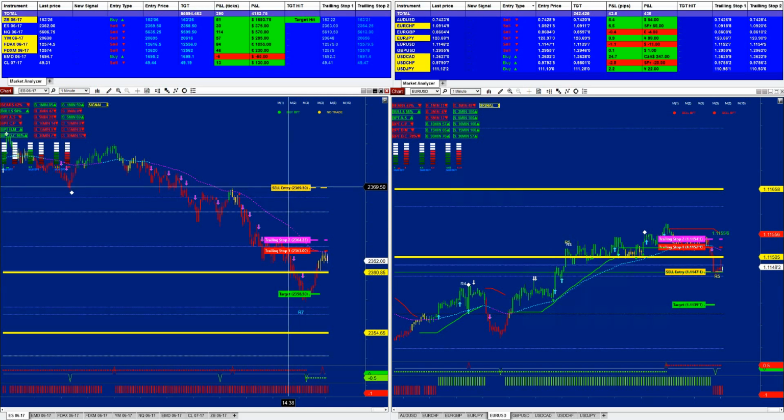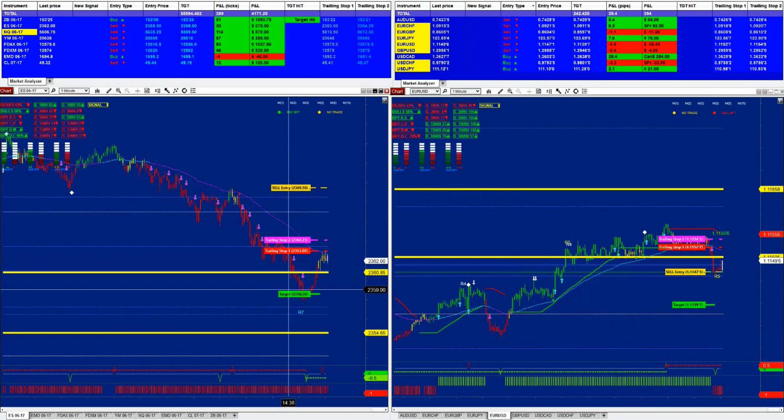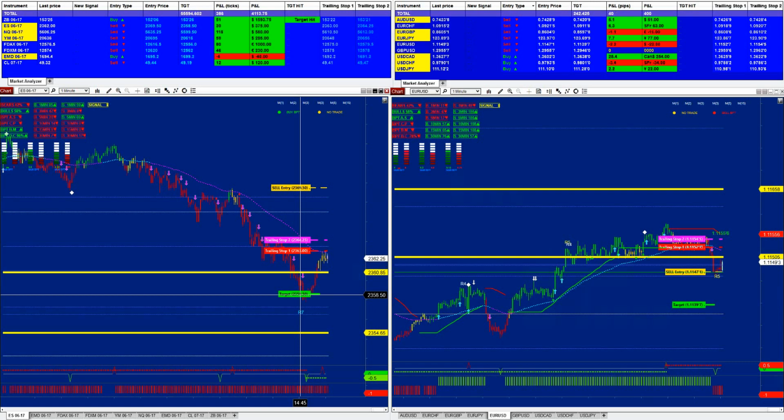So if we are using the auto trade and we have that entry, the auto trade is going to exit at the target and it's not going to initiate any more trades, because now the short trades are over. Even if the market drops farther than the target, it's not going to take any more trades.